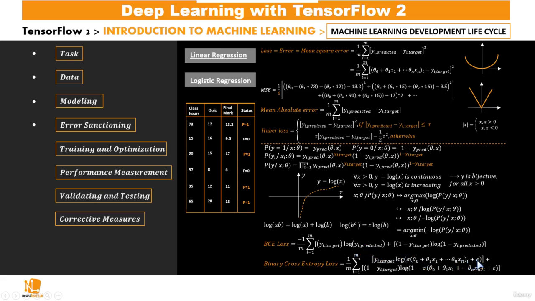We add this little epsilon in case we're working with computers or writing a program, because in case the sigmoid of this gives us 0, we don't want to have an error, since the log of 0 is going to throw an error.